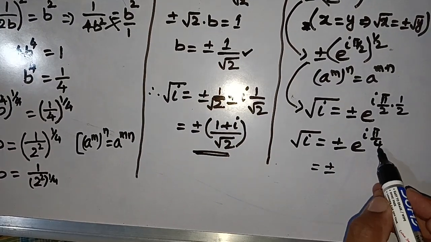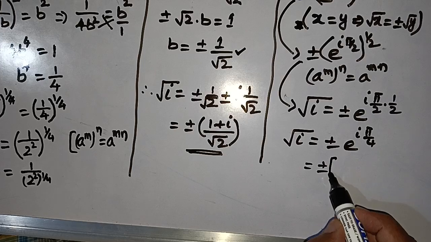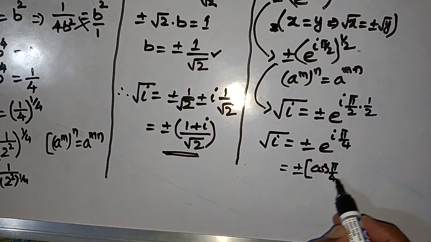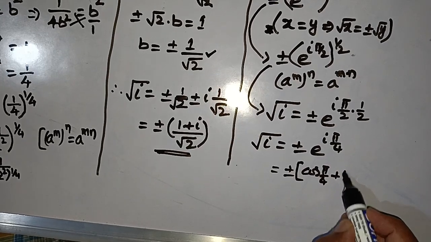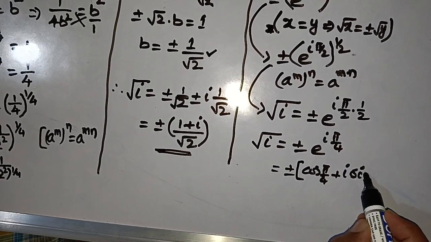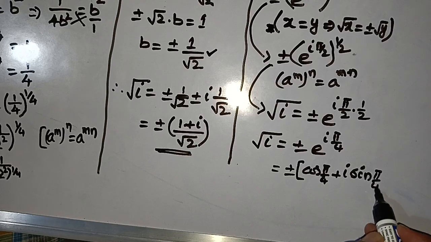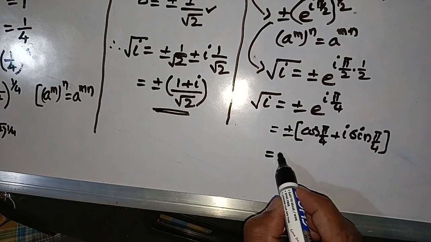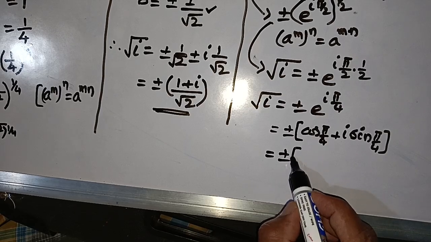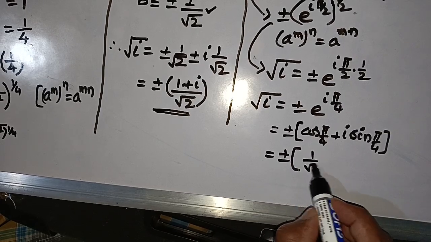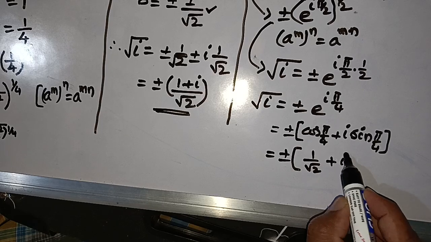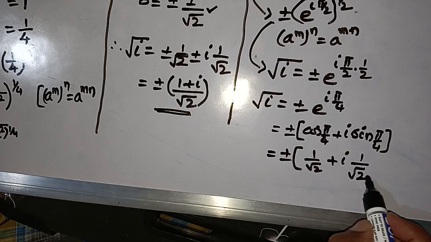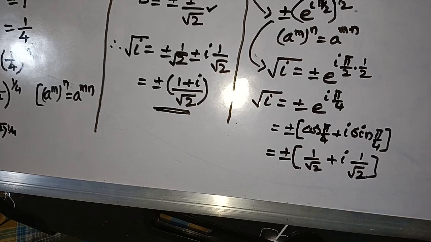So here we have e to the power of i pi by 4 is equal to cos pi by 4 plus i sin pi by 4. And what we get here? Plus or minus, cos pi by 4 is 1 by root 2 plus i, sin pi by 4 is i times 1 by root 2.